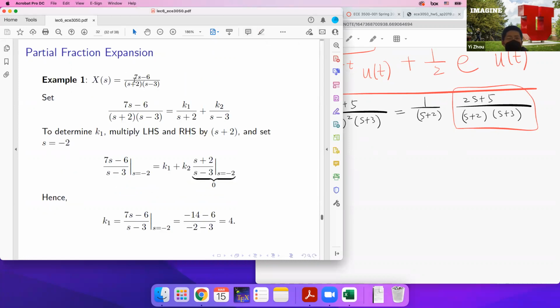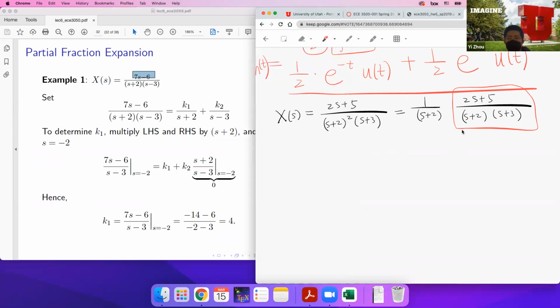We have the denominator as a product of two first order terms. The numerator is a single first order term. So we have the same story here. For this one, you can follow the same process, and then you will end up with this fraction decomposed into k1 over s plus 2 plus k2 over s plus 3.